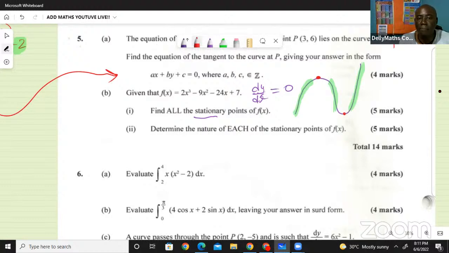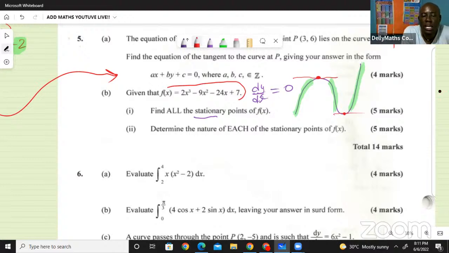The moment you step to the right or to the left of your stationary points, you are either increasing or decreasing. We're going to take the derivative of this function and let it equal to 0. That means we're going to be coming right at this point here and that point there.